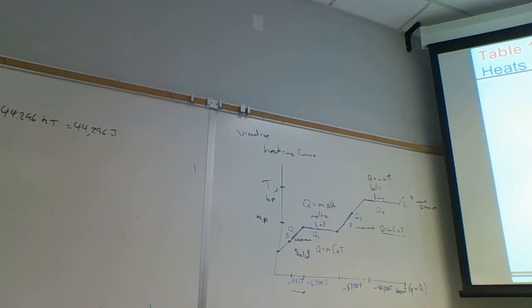The hotter we get it, the more energy it's going to take, but we can figure out how much energy it takes by MC delta T, the temperature change. And so the mass is 19.6 grams. C, okay, what is C? I have to go to the other table for that. Do you see what it is?